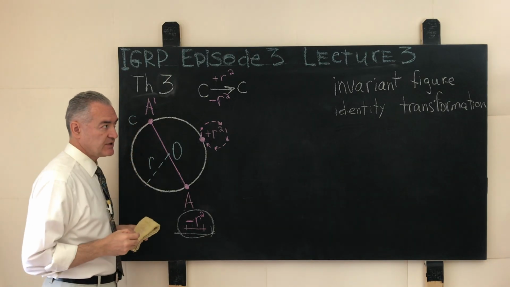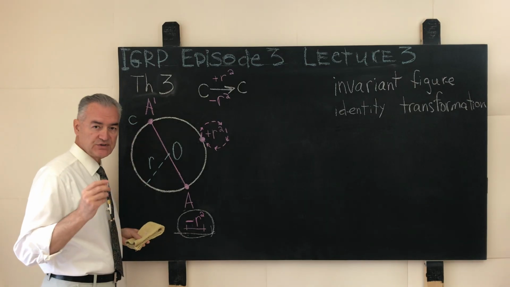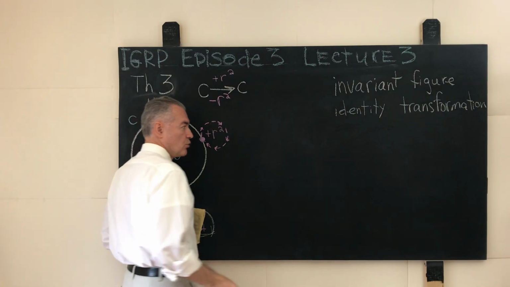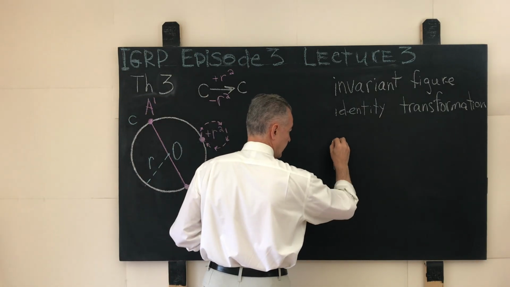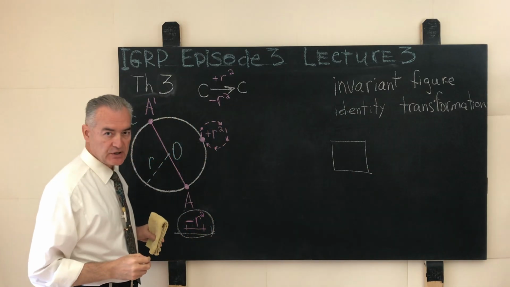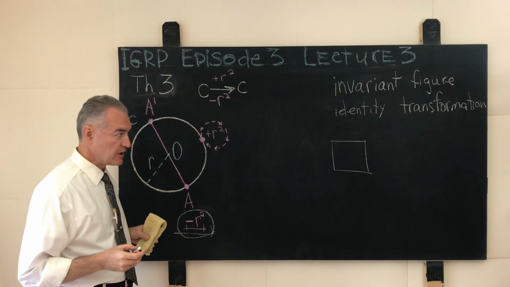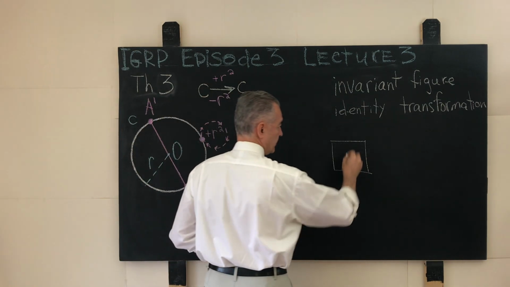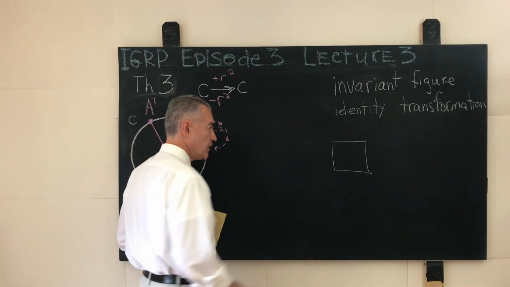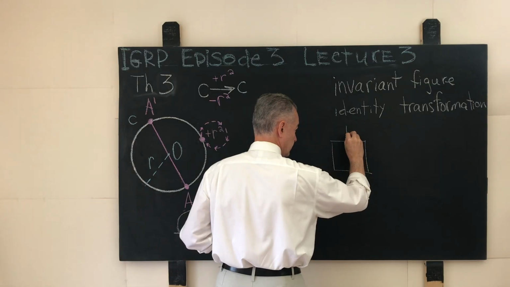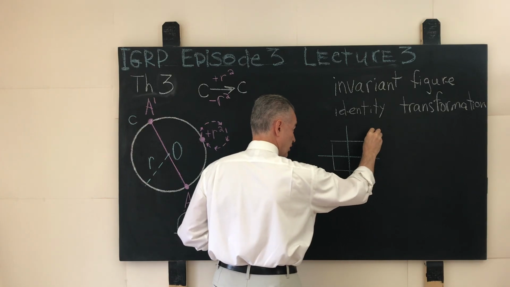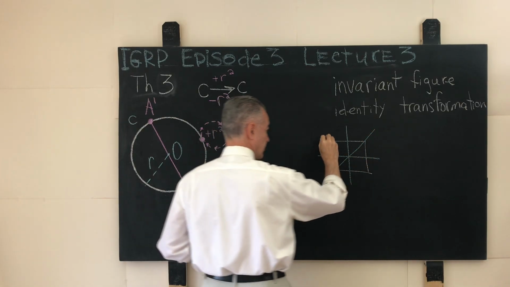It pays to understand this terminology because you will see it again and again in, for example, the theory of groups, where, let's say, we take a square, and then instead of inverting this square with respect to a circle or doing anything like that, we simply reflect that square with respect to any one of its, how many? 4 axes of symmetry.